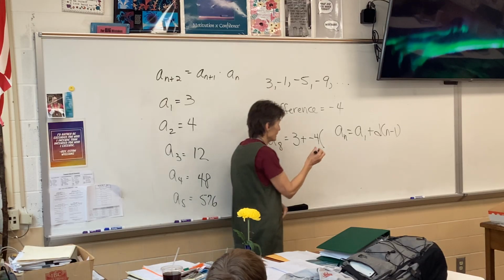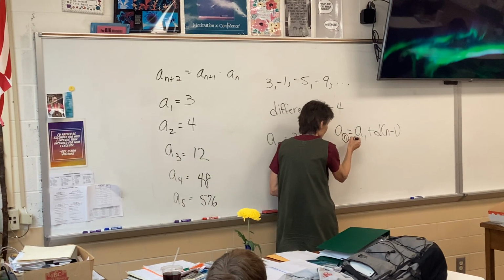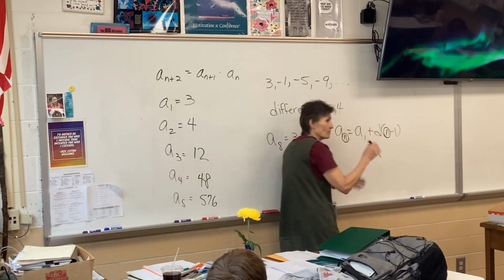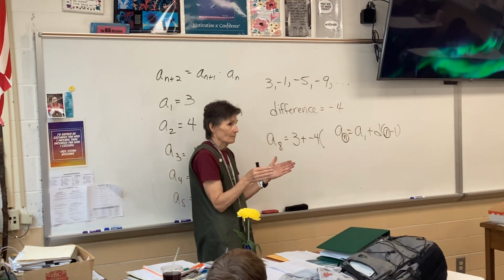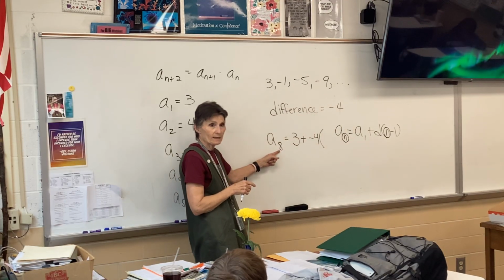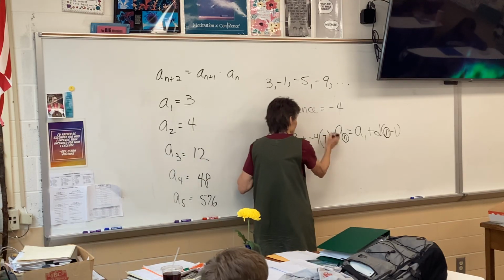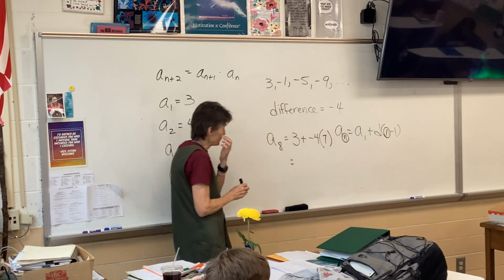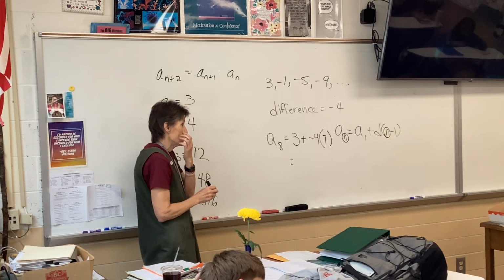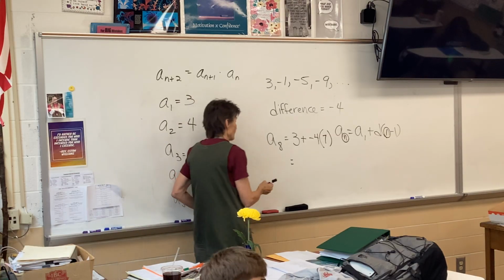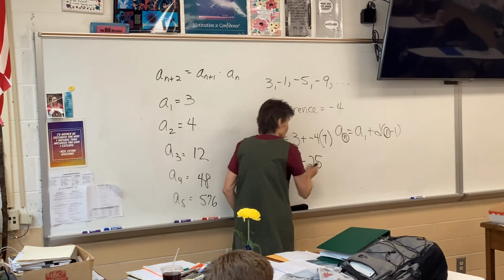Kids, look at your formula. See that n right there and that n right there? They're always the same. How do we know? So this is 7. So 3 plus negative 28, what, negative 25?